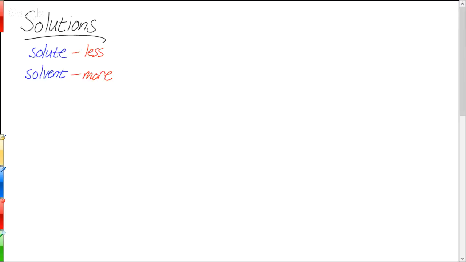So solutions can be a solid solute in a liquid solvent. That's probably what we most think of when we think about a solution. But you can also have a gas solute in a liquid solvent, and you can also have a liquid solute in a liquid solvent.